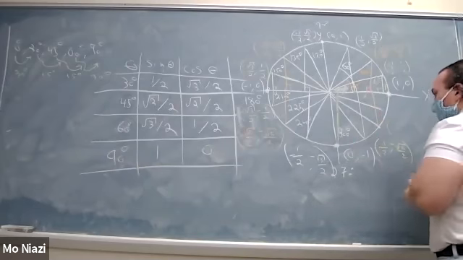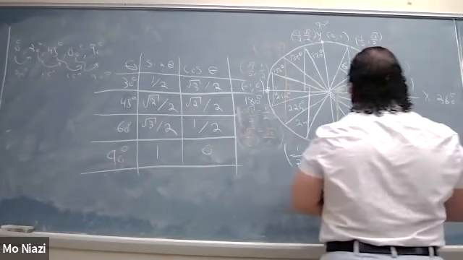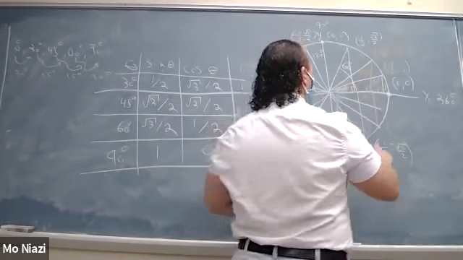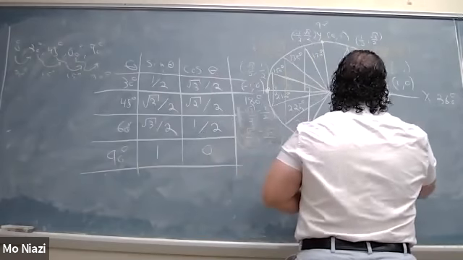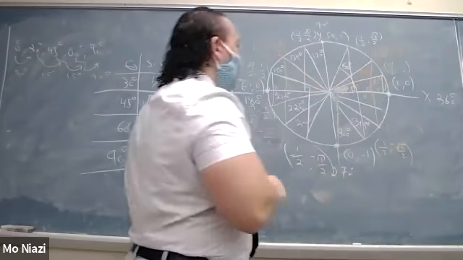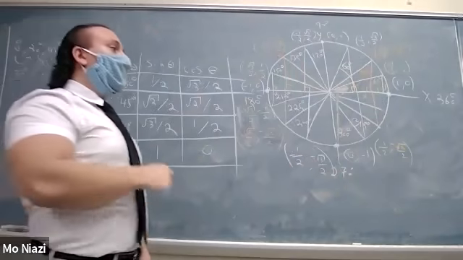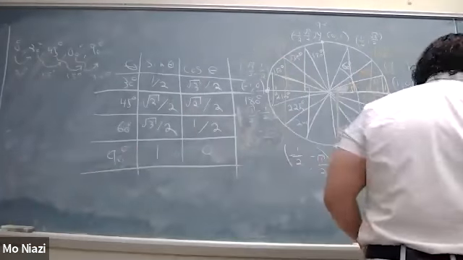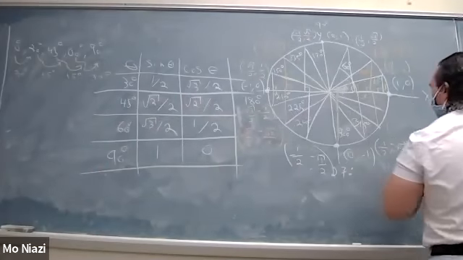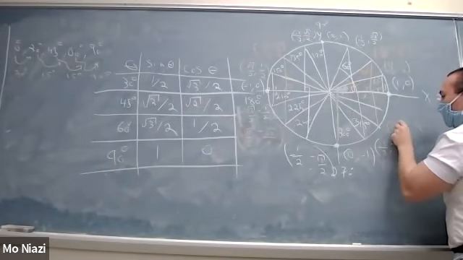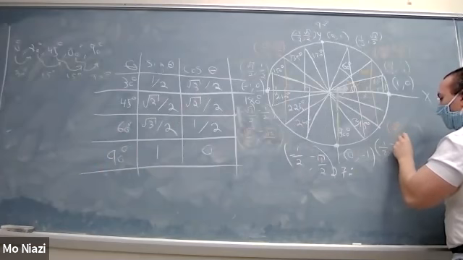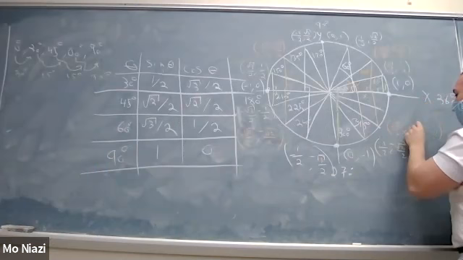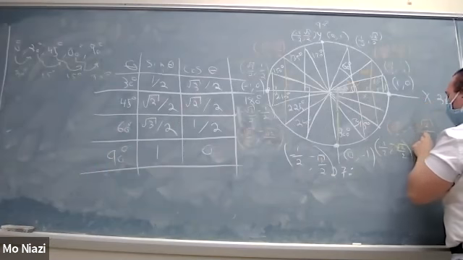What's the angle? 315. What are the associated cosine and sine values? Square root of 2 over 2. And what? Negative square root of 2 over 2.